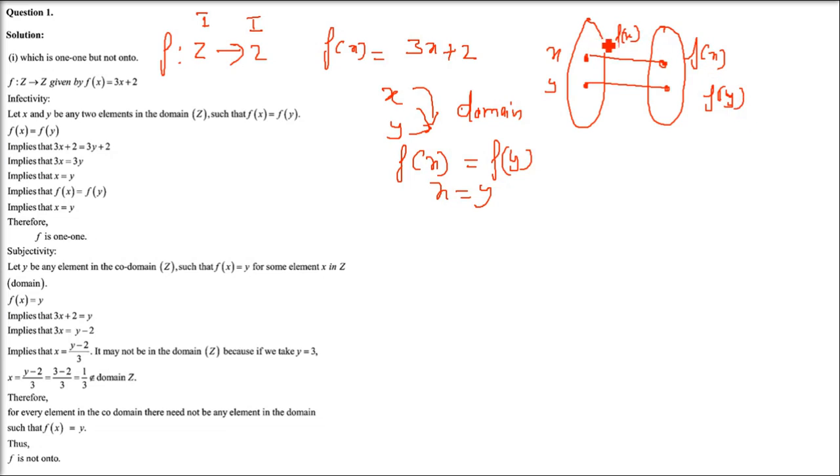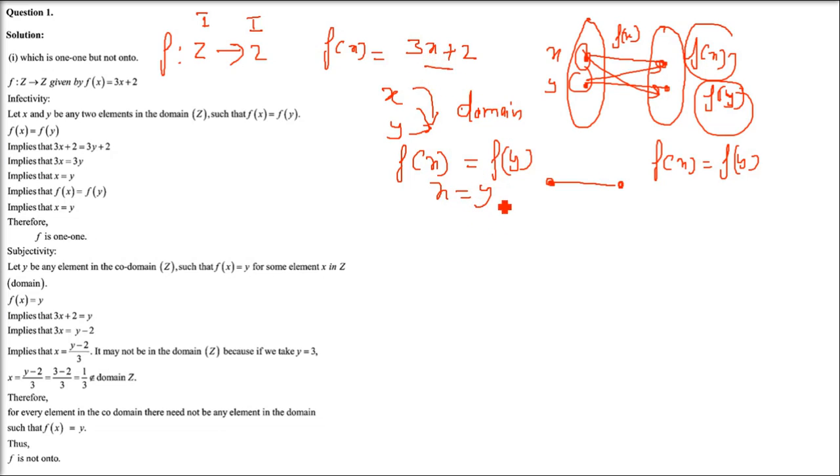If you pass x, the function will give you f(x); pass y, it will give you f(y). So if f(x) is equal to f(y), that clearly means x has to be equal to y. Then only it is a one-one relationship. You cannot have one related to others, or others related to one.